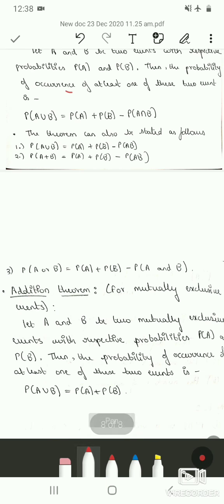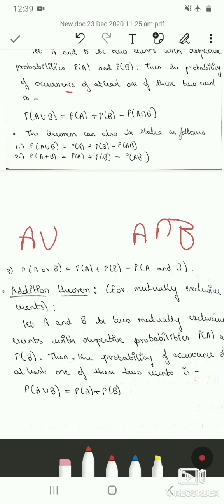Or we can represent it as probability of A or B is equal to probability of A plus probability of B minus probability of A and B. Here A and B is nothing but A intersection B, and A or B is A union B. So these are the different notations of the addition theorem.